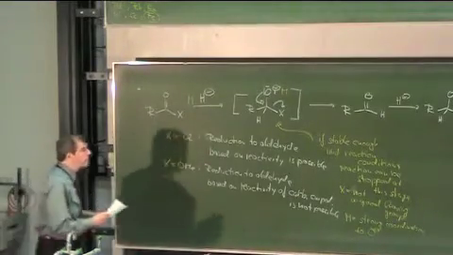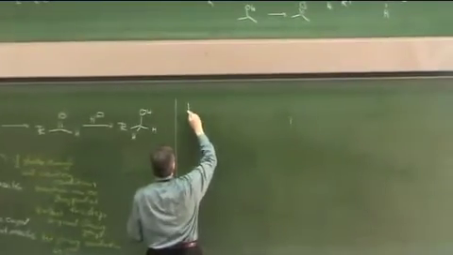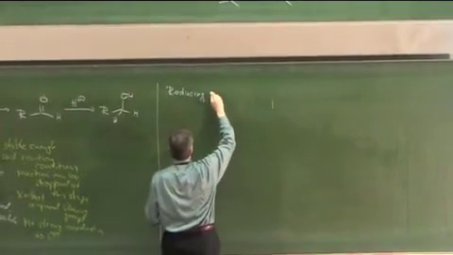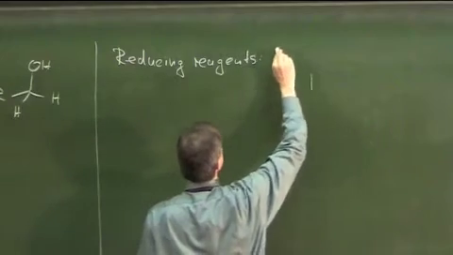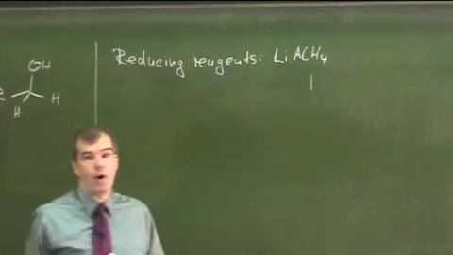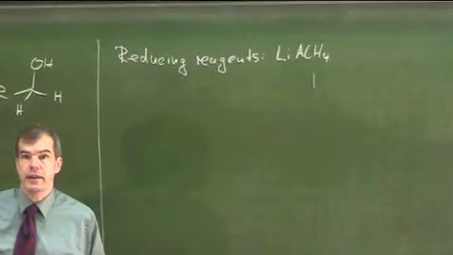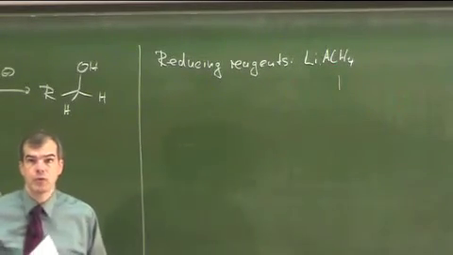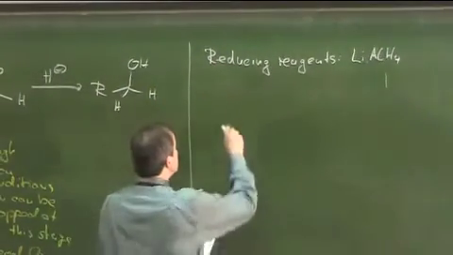So let's look at some specific examples, some specific reducing agents. Let's start with the one you very well know, lithium aluminum hydride. I have given you in the handouts a whole table of which functionalities will be reduced to what with lithium aluminum hydride.